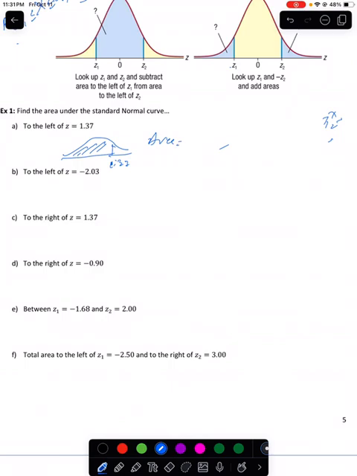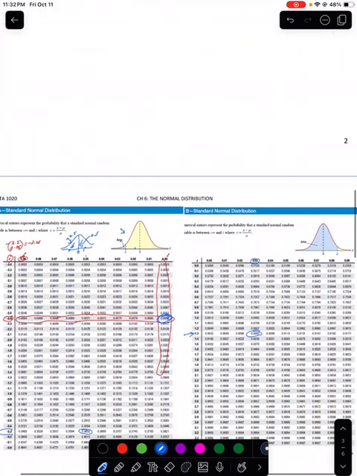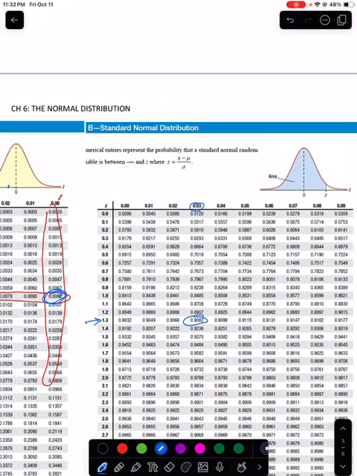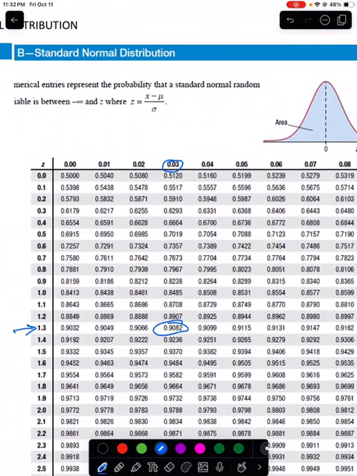Positive values. So 1.3, which is here, same line as we were looking before, but now we have to go to the table. We come down here and this is our value. What is that value?